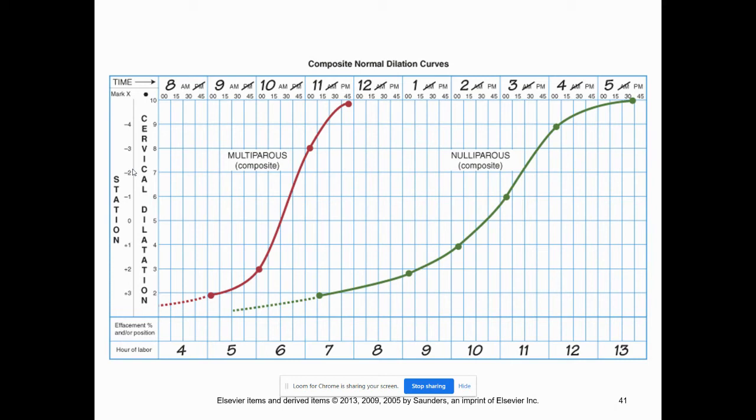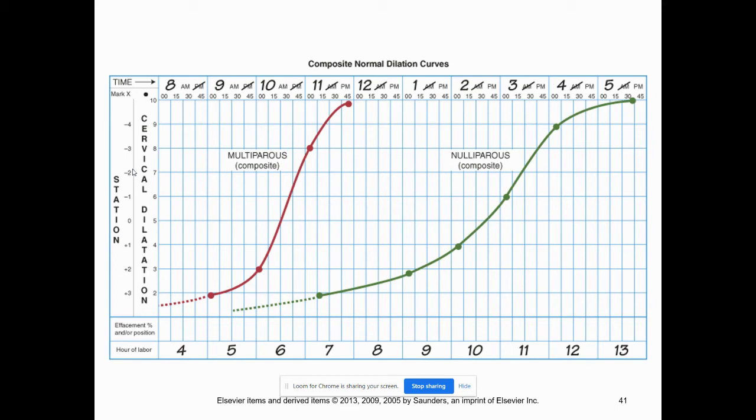But in 2010, we looked at 62,000 labor records. So you're comparing 500 in 1955 to 62,000 labor records in 19 hospitals. We looked at all kinds of different women and different labors, and we found out, in fact, women take longer, that the normal periods Friedman thought are too short and that they don't fit everybody.